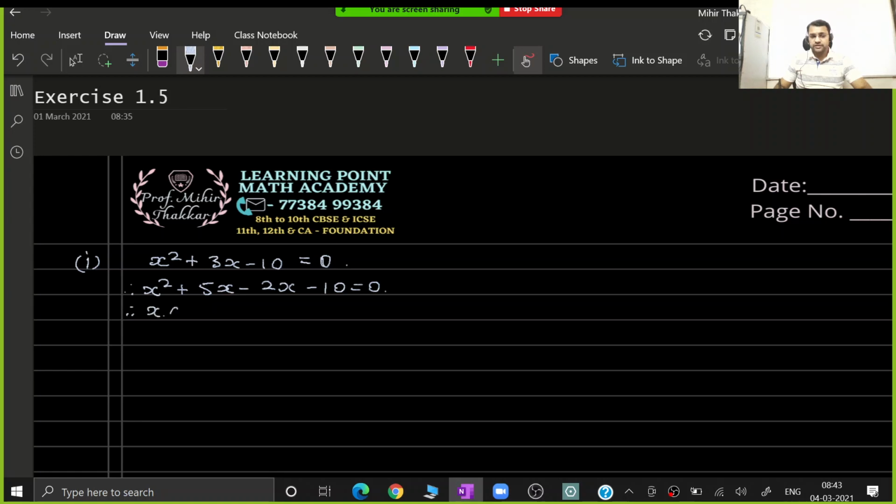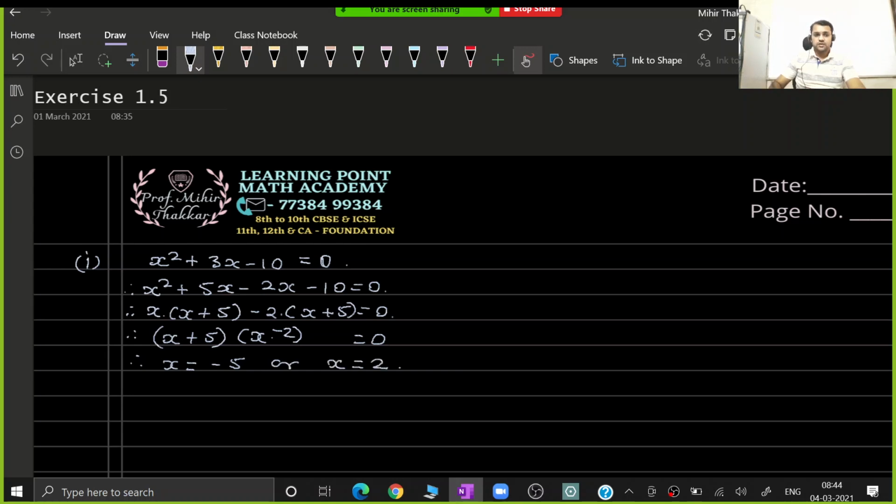Therefore, it will become x into x plus 5 minus 2 into bracket x plus 5. So on taking out the elements common, I get x plus 5 into x minus 2 is equal to 0. Therefore, x is equal to negative 5 or x is equal to 2.